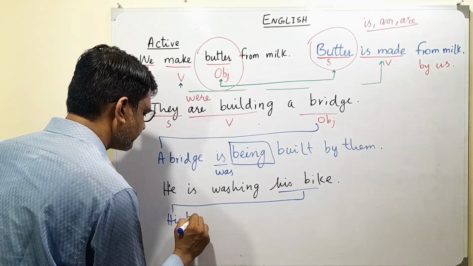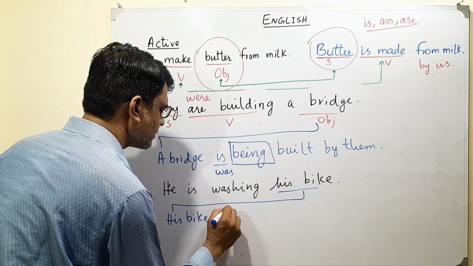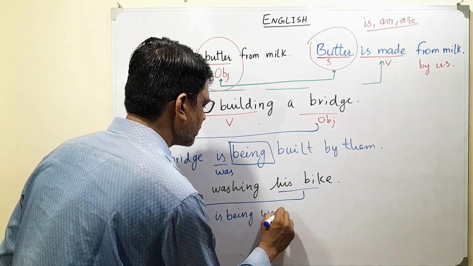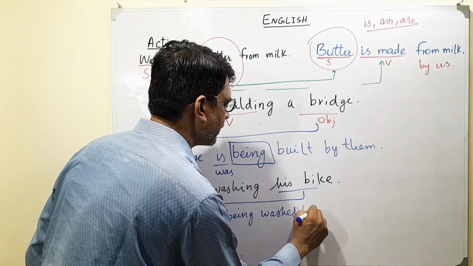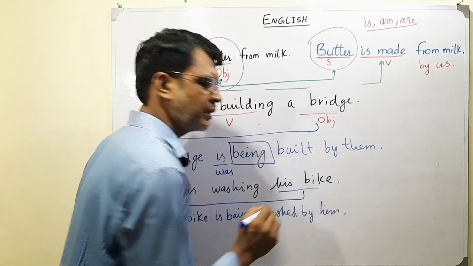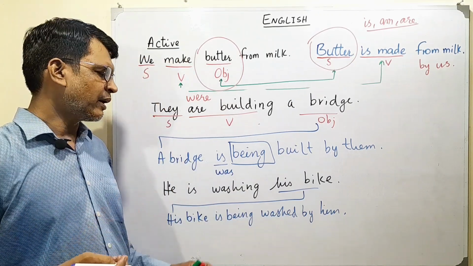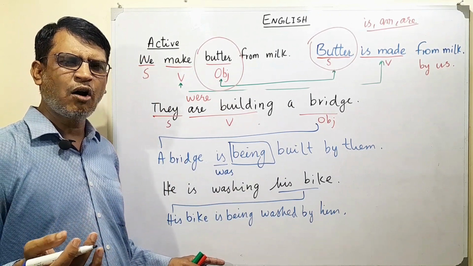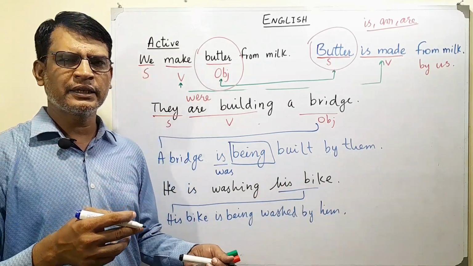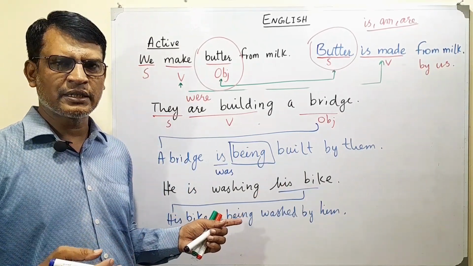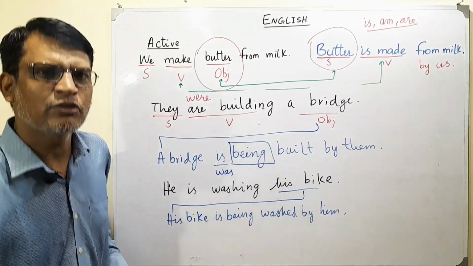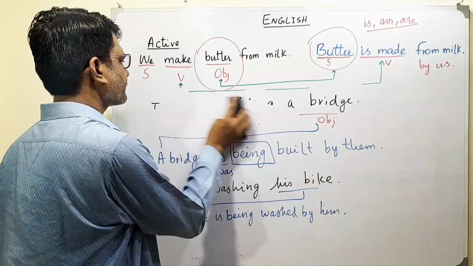His bike is being washed by him. Okay, but like I told you, this would seem a bit awkward when you say that his bike is being washed by him. Rather than saying this, we should say it in the active sentence, that he is washing his bike. So unnecessary usage of passive sometimes creates a problem.